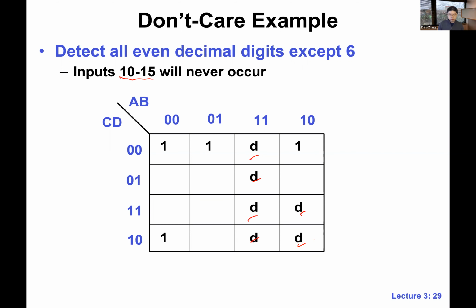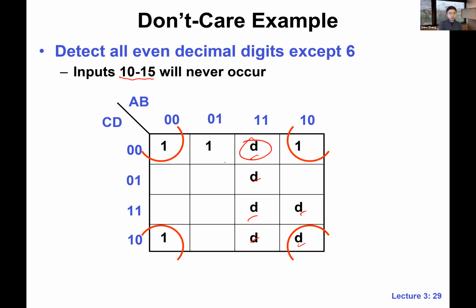They're not 0, they're not 1, they're don't cares. They can be treated as either 0 or 1. So with these don't cares, how many circles do we need? Just 2, because we can make use of this one, so we can cover the entire first row.